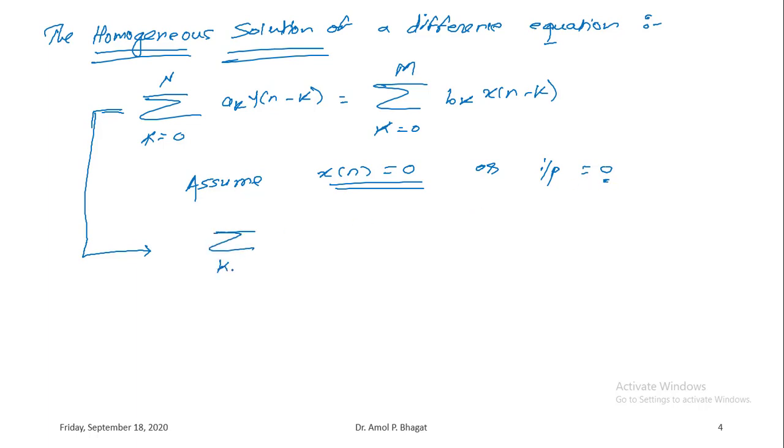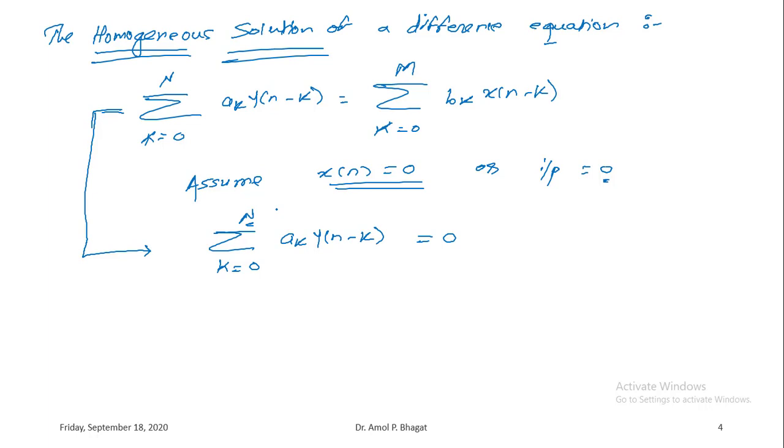So the remaining equation will be summation k is equals to 0 to N a k y of n minus k is equals to 0. In the previous session we have seen this capital N indicates the order of the difference equation, so it is the Nth order difference equation.